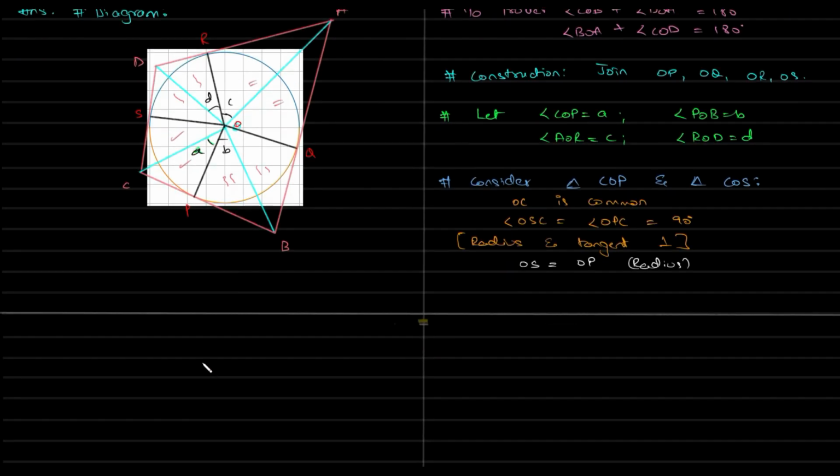So by RHS congruency, triangle OCP is congruent to triangle OCS. Therefore, by CPCT, angle COP is equal to angle COS, which is A. Similarly, we'll prove this is D, this is C, and this is B.